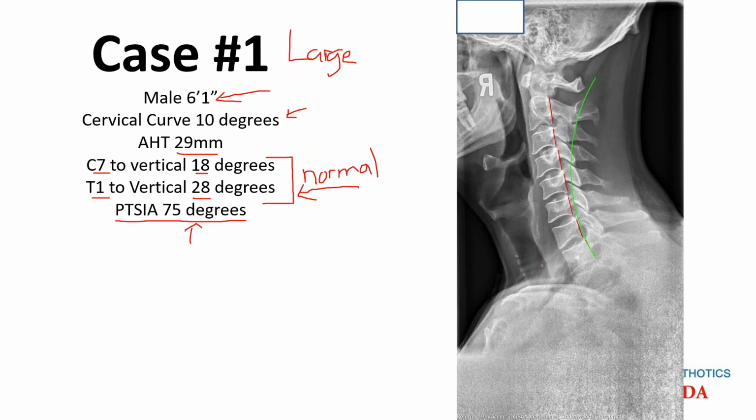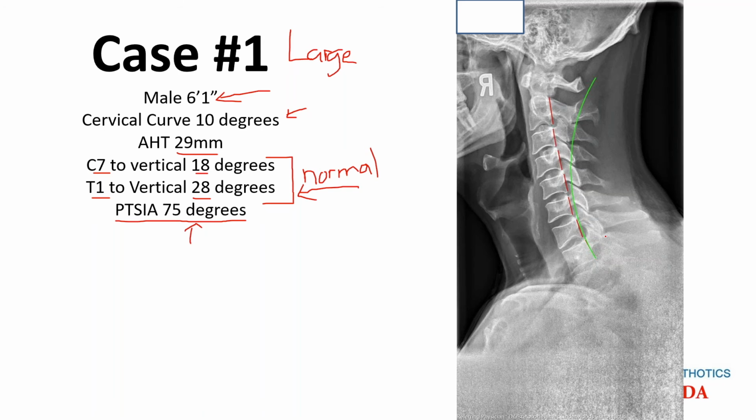Let's talk about Denneroll placement here for a moment. So I'm going to use a large. But when you have large anterior head translation in a case like this, almost 30 mils, and if I look at my green ideal arc, right, and I see the patient's neck curve here, so all the bones in red, I notice that every single vertebra in the cervical spine is anterior of where it should be.